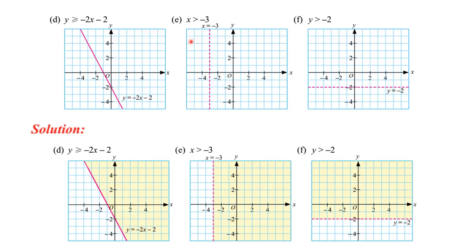E. x is less than negative 3. The sign is less than, so we shade the region on the left. F. y is greater than negative 2. The sign is greater than, so we shade the region above the straight line.